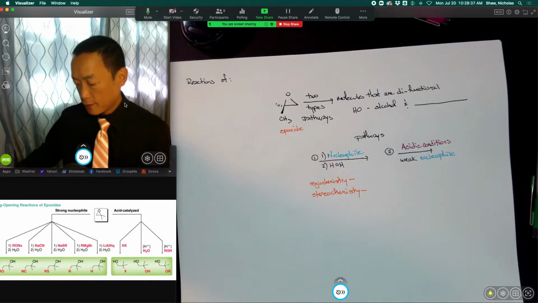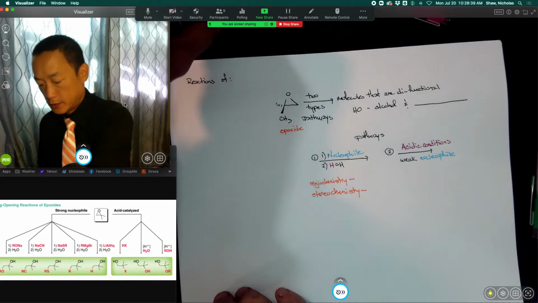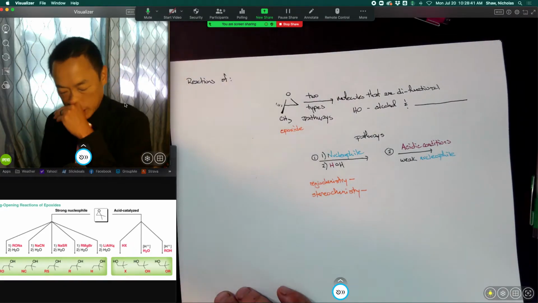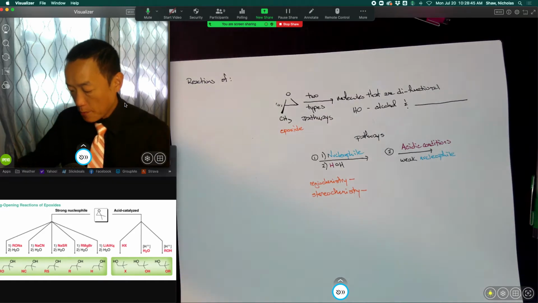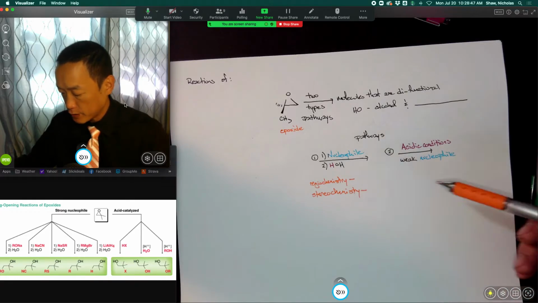Let's come back and fill this information in as we start to discuss these two different mechanistic approaches. And so we'll come back and hopefully fill this information in.